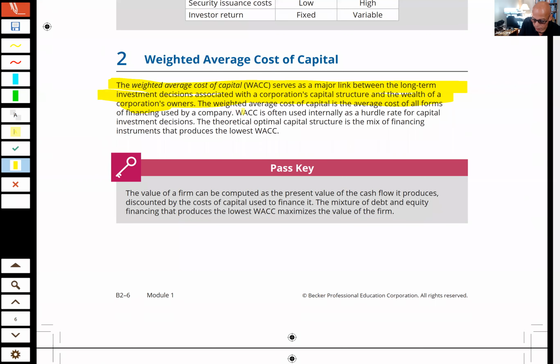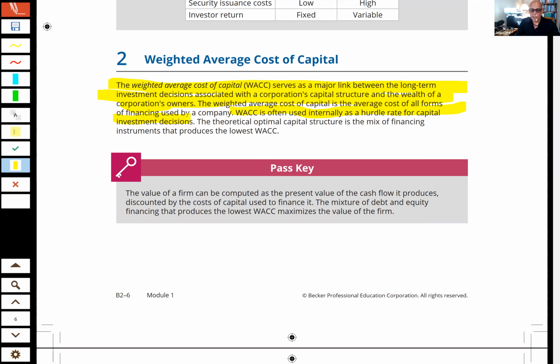Okay, so the weighted average cost of capital is often used as an internal hurdle rate for capital investment decisions. Now, we're going to look a little bit later at, for example, the net present value method. Well, what interest rate do you use when you're discounting cash flows for a net present value method? Often it could be this weighted average cost of capital.